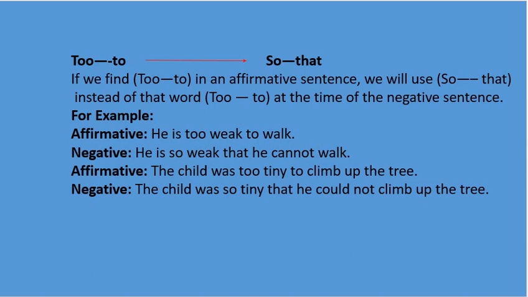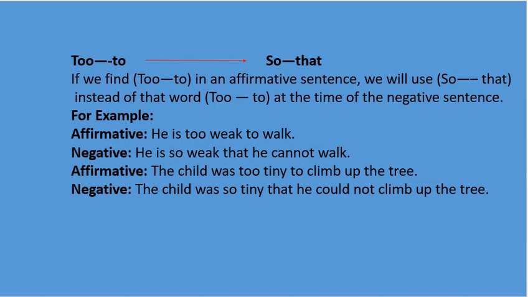For example, affirmative: He is too weak to walk. Negative: He is so weak that he cannot walk.